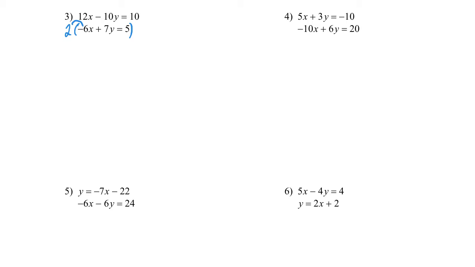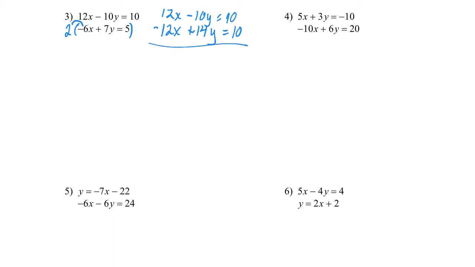So I'm going to distribute that 2, and I'm going to write what I get over here. So negative 12x positive 14y equals 10. That just comes from multiplying everything by 2. And then I'm going to rewrite the first equation. And then I'm going to add the equations together.